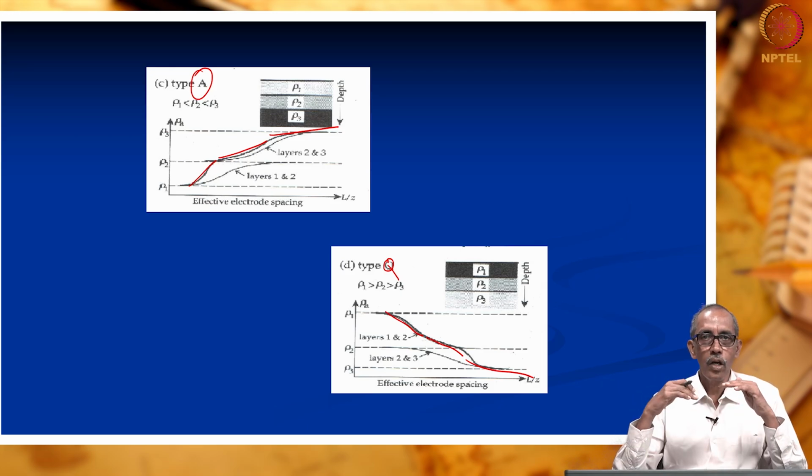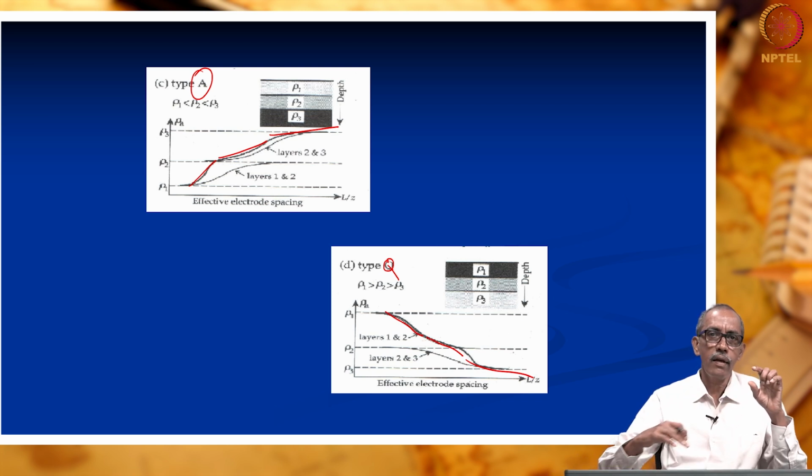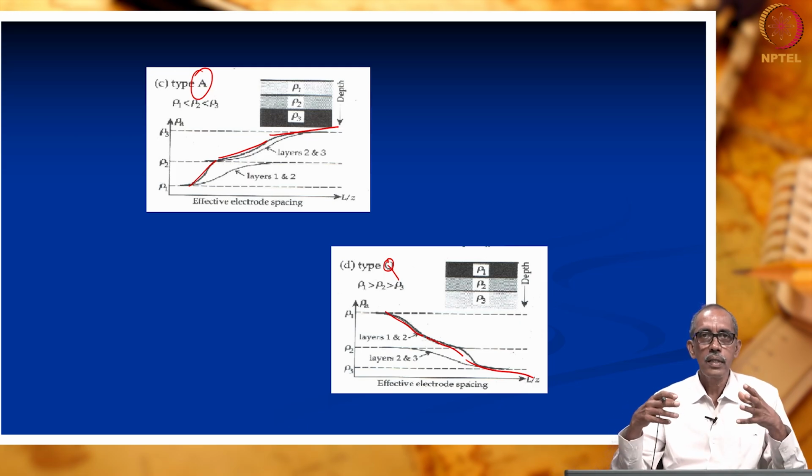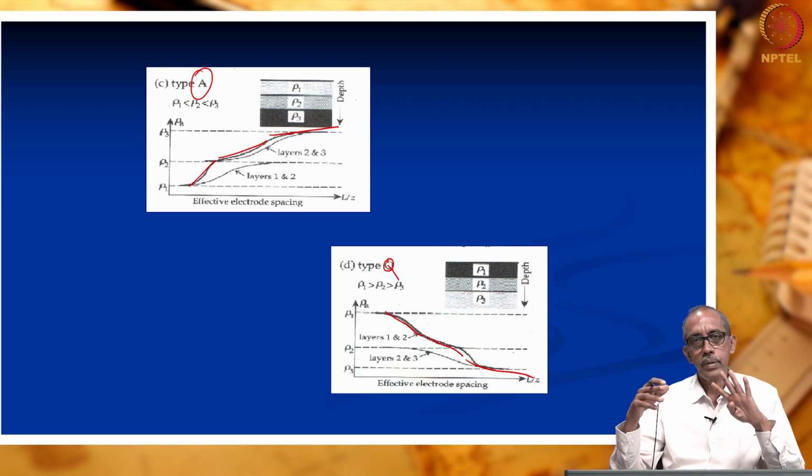If layers are beyond 3, we can resort to partial curve matching, but if we make one error in the estimate of thickness of one layer, that is carried forward for estimating the locations of other discontinuities. Further, since we are dealing with the 3-layer case, we always restrict ourselves to these 4 types of curves.